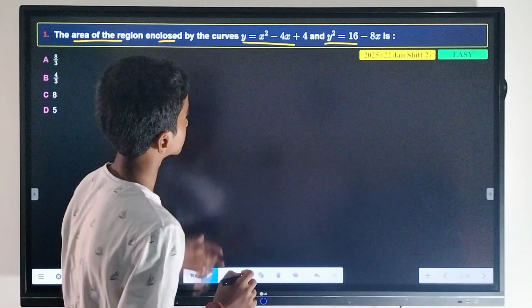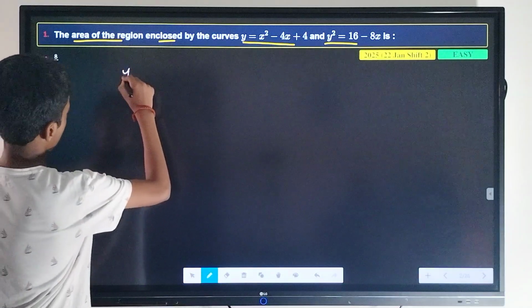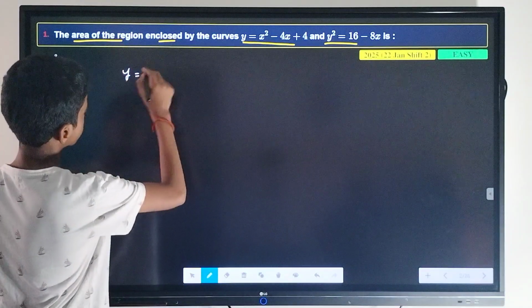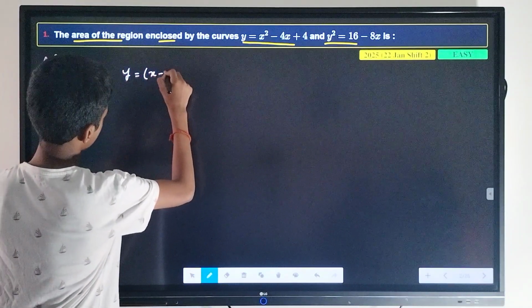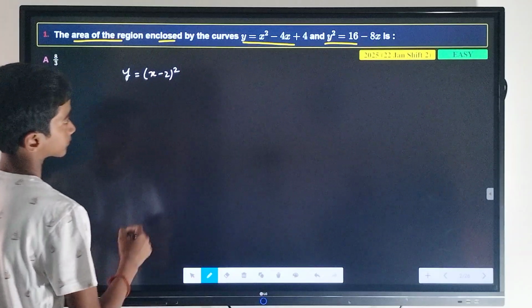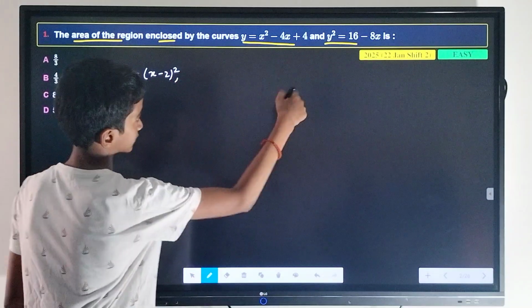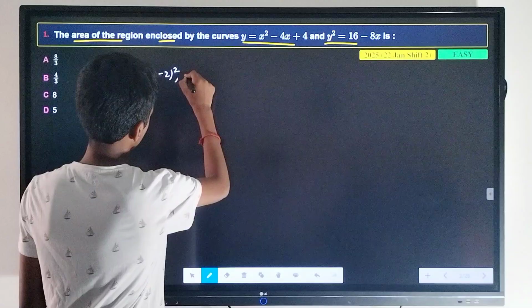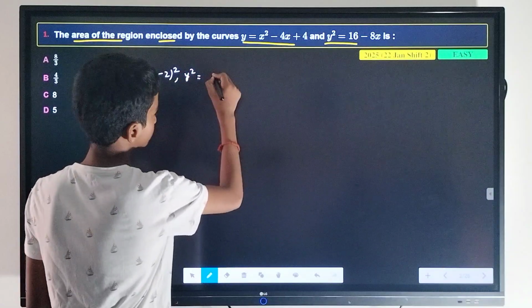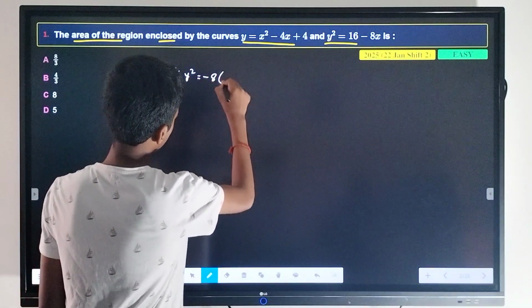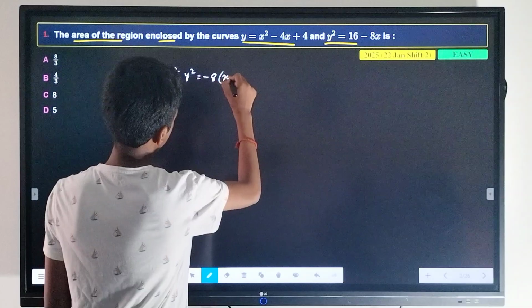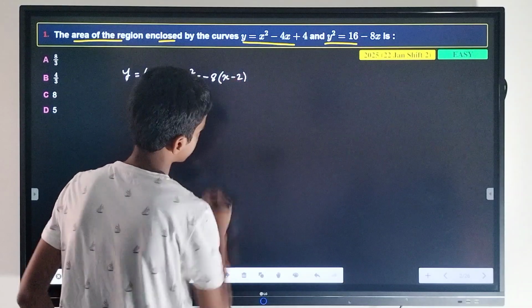We can write the first curve as y is equal to (x minus 2) whole square. We can write the other curve as y square is equal to minus 8 multiplied by (x minus 2).